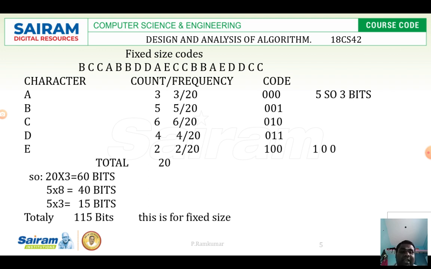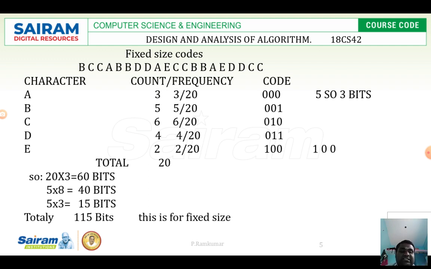Why I am calling this fixed size is that each and every character is represented by 3 bits. A is represented by 3 bits, B, C, D, and E are also represented by 3 bits. All the alphabets are represented in a common 3 bits.